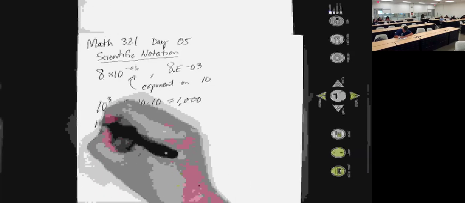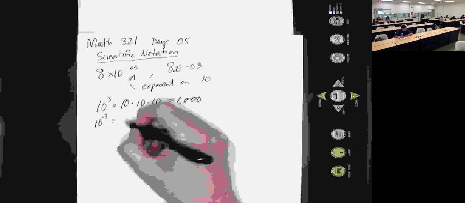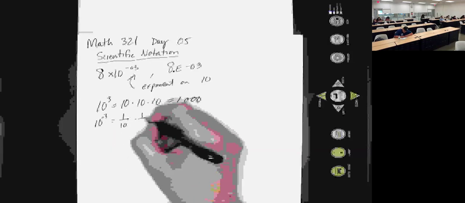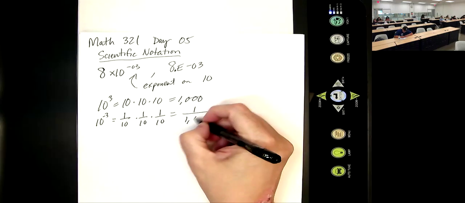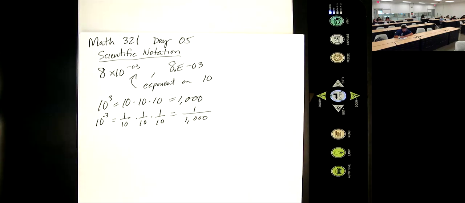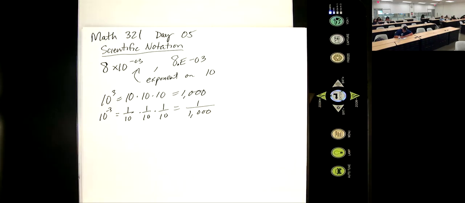Negative exponents do something similar, but they flip it over. They do 1/10 times itself, and you get 1/1,000.